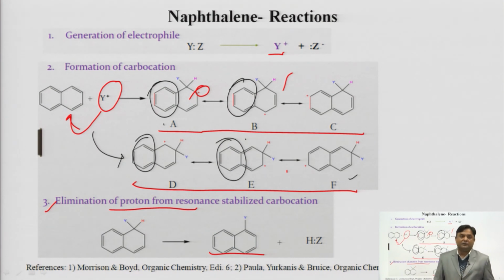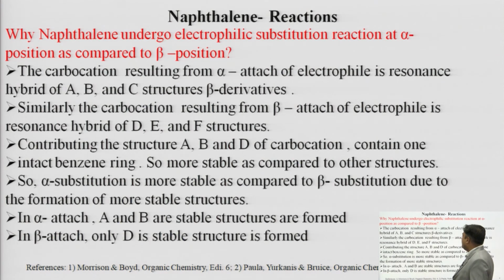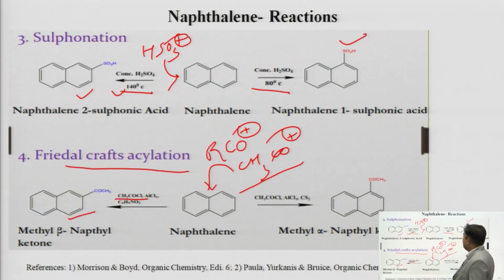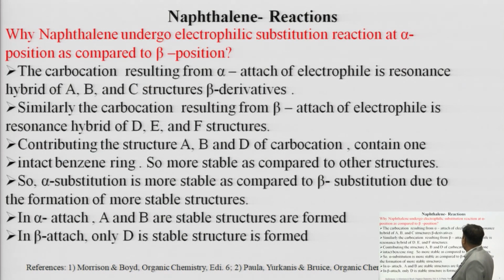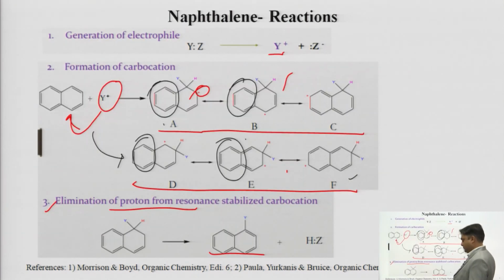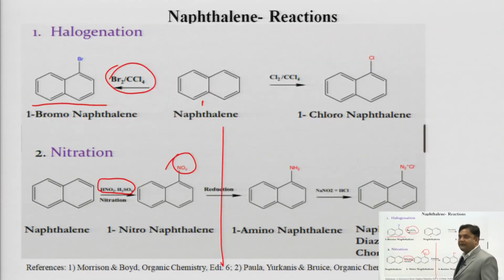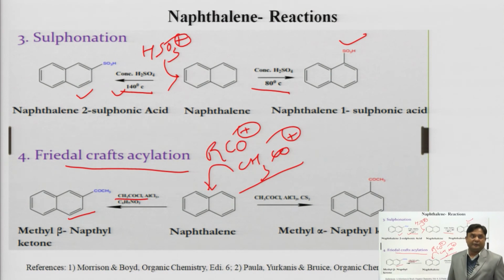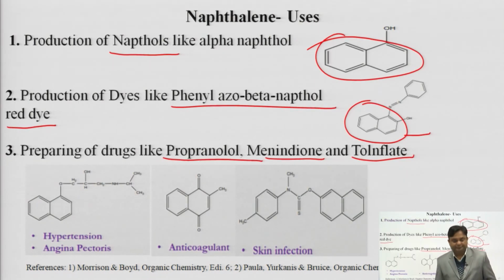If this is also similar, then we go for the nature of the carbon which bears the positive charge. So, here we can see that alpha substitution takes place in case of naphthalene, which provides the more stable intermediate carbocation. Okay. So, naphthalene will always yield electrophilic substitution reaction at alpha position.